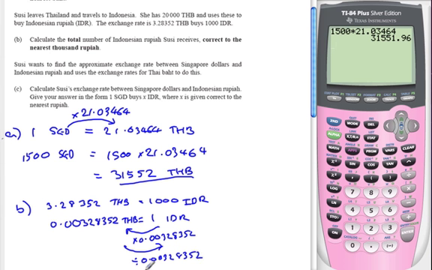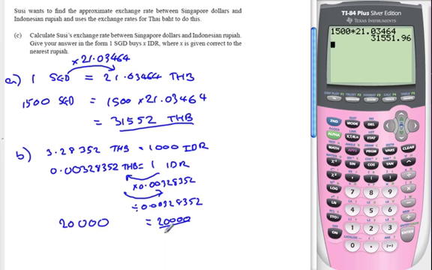Okay, so I have got 20,000 of these. So this is going to be 20,000 divided by, let's write it in properly, 0.003283352.